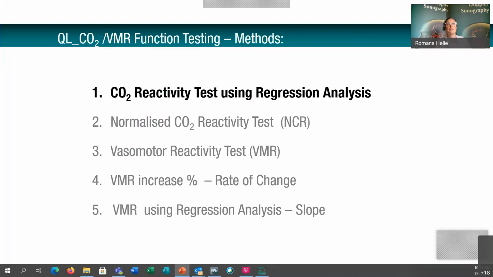I would start right away with the so-called CO2 reactivity test using regression analysis, which is described in the literature as the gold standard. Gold standard because the test is described in a way that it is reproducible, and because we have the end-tidal CO2 measurement, this can be really compared. The same goes for the normalized one, which will be next.